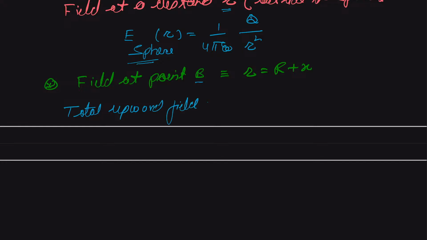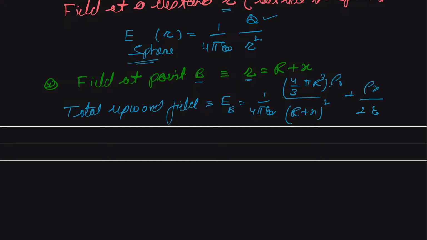Total upward field, let us call this EB, will be equal to 1 upon 4 pi epsilon naught, and we can substitute the value of our Q, that is 4 by 3 pi r cube times rho naught, divided by r plus x, because now small r is equal to r plus x, okay, and plus rho x upon 2 epsilon naught, because the field due to the sphere as well as because of the sheet will be upward in both cases.